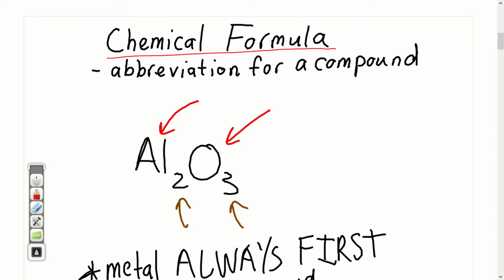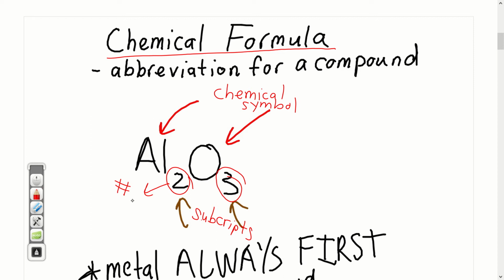As you see with the arrows, you write the chemical symbols one after the other, and then you write numbers down below. I know this might get confusing where we're writing numbers up high and some down below, but we're going to write subscripts, and what this is telling us is the number of atoms in the compound.